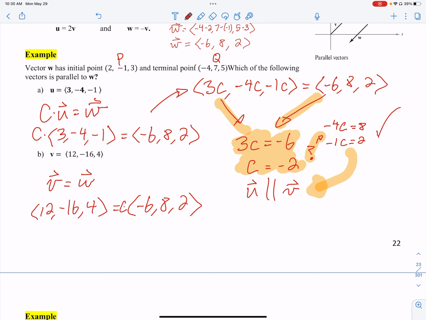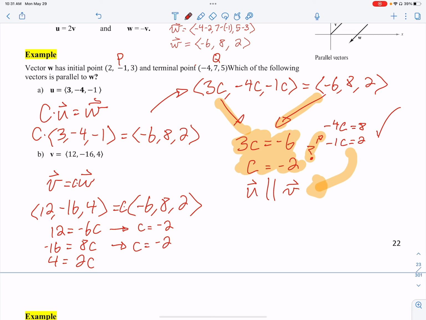It doesn't matter, because now I'm just asking, is the other one parallel? It's the same question. So I'm going to put that there. So I get 12 equals negative 6C. I also get negative 16 equals 8C, and I get 4 equals 2C. Okay, this spits out C equals negative 2. This spits out C equals negative 2, but this one spits out C equals 2.